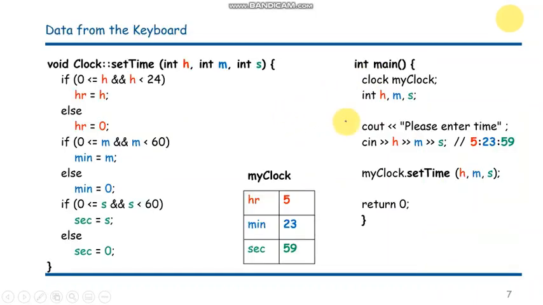At times, we would want to get our data from the user. So we prompt the user to enter the hour, the minute, and the seconds. You see here H and M and S, these are variables that are local in our main function.